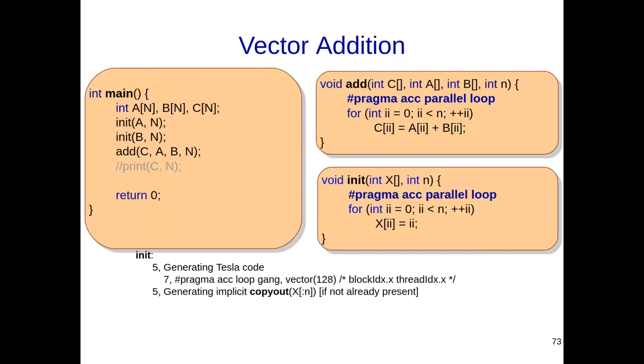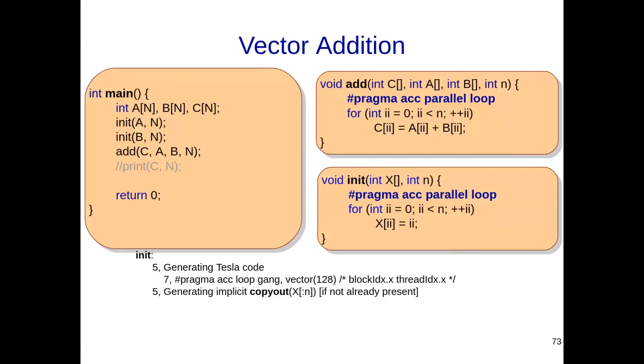And in this case, since x of I is going to be assigned a value here on the GPU, the CPU copy is not going to be in sync with the GPU copy, and therefore that copy out is actually going to happen. So this, if not already present, is really not required here. That x is going to get copied, and what is x?